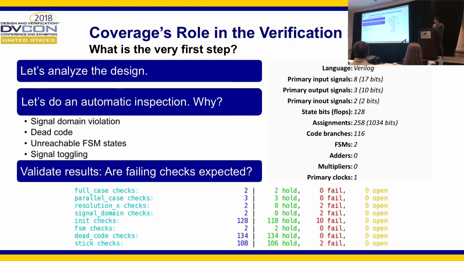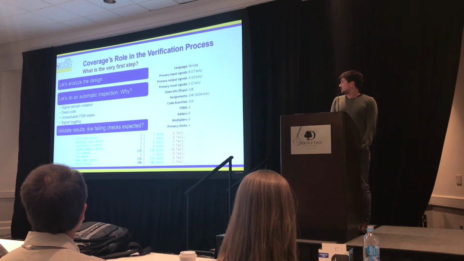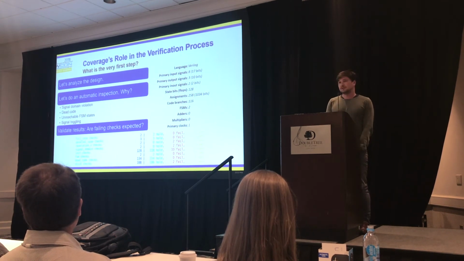We did an early automatic inspection in order to get rid of failures at an early stage, like signal domain violations, dead code, unreachable FSM states, signal toggling. We ran the auto inspection, got the results, some of them failed, like initialization and so on. We validated the results and moved on.